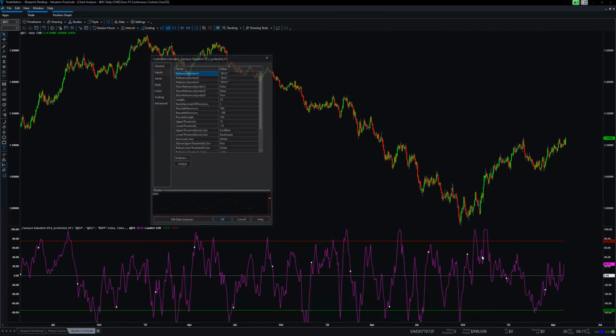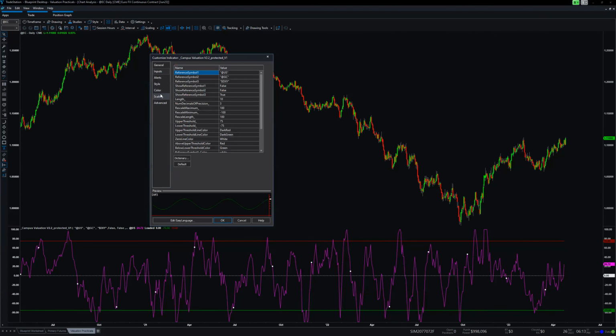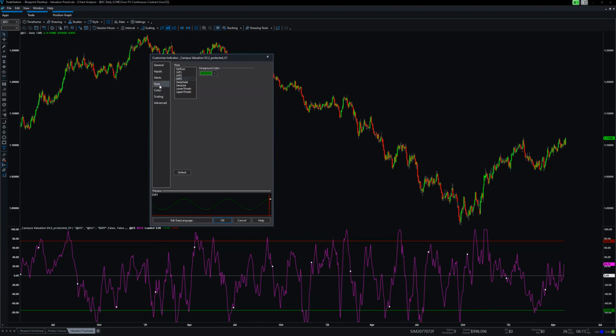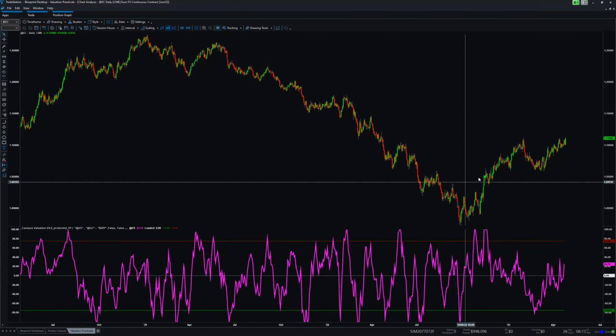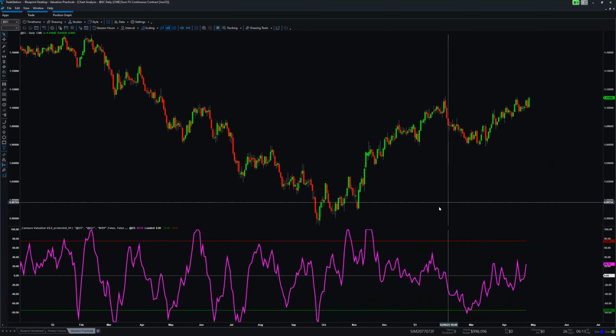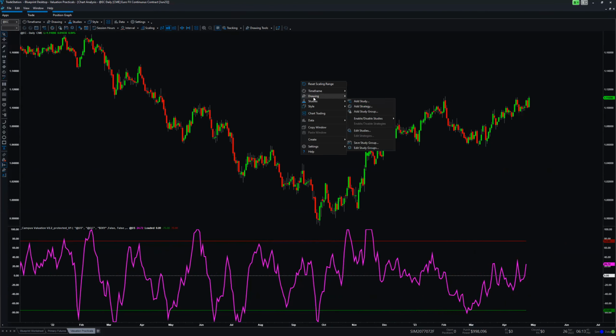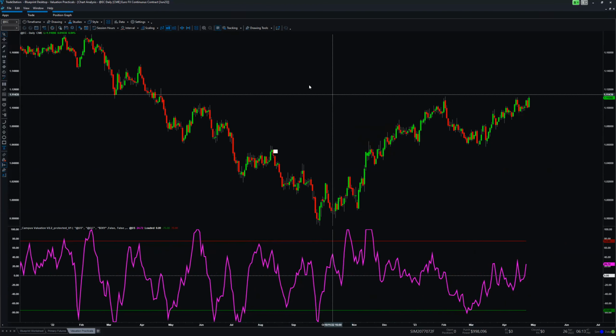Then I'm also going to double click that and go to color or style. On the style, I just want this line to be a bit thicker so that we can see it nicely. All right. And I'm also going to write this down for us.